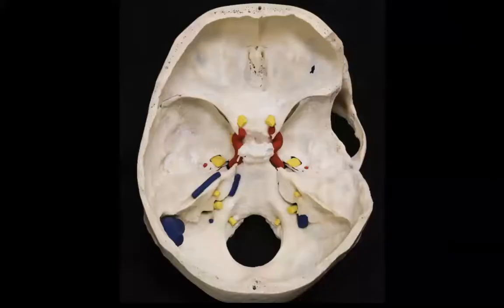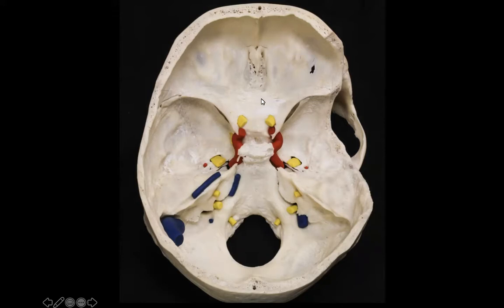And just another view, so we're going to see the anatomy in different perspectives. This is an upper view of the skull base: the anterior skull base, middle skull base, and posterior skull base or posterior fossa. This is the ridge of the sphenoid that ends in the anterior clinoid process. This is the pituitary fossa. And then from anterior to posterior, we have the crista galli and cribriform plate.